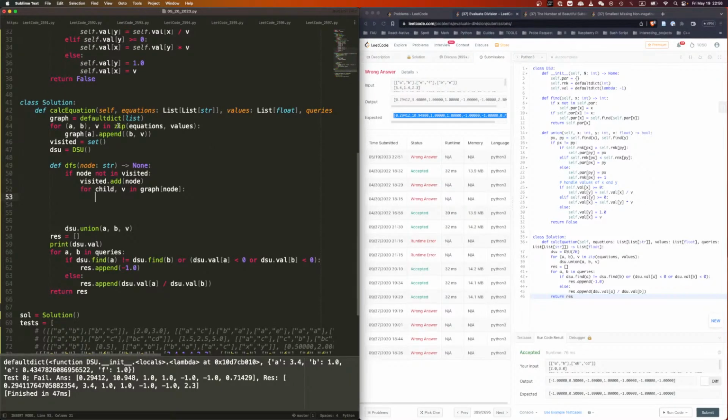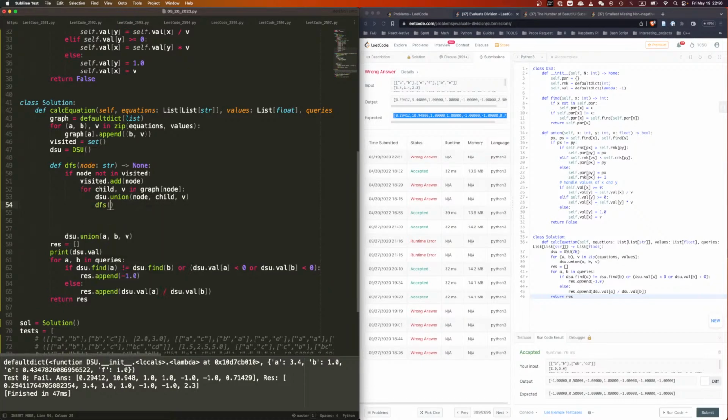Because it's node to children, right? So we need to DSU dot union node to child with v. Okay. Once we're done with DFS child, and that's it.